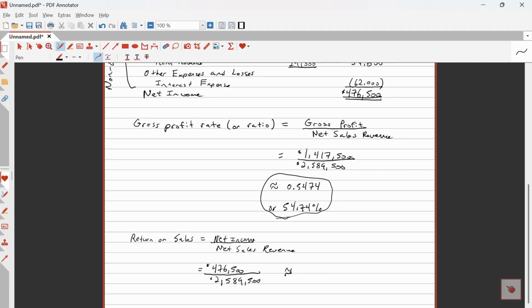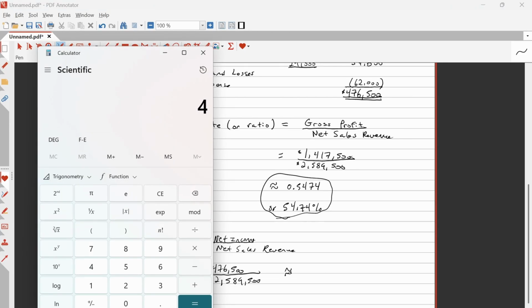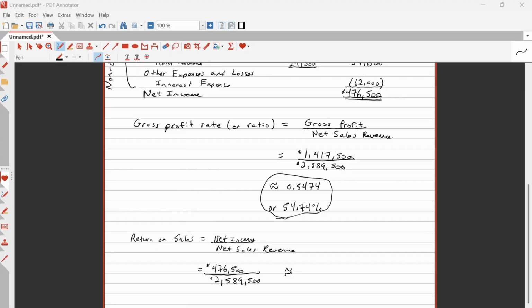And then rounding, approximately you get 18.4%, rounded to the 4th decimal. Still not a bad return on sales. For every dollar of net sales they generate, they get to keep 18 cents in their pocket after subtracting all expenses. That's the net income.